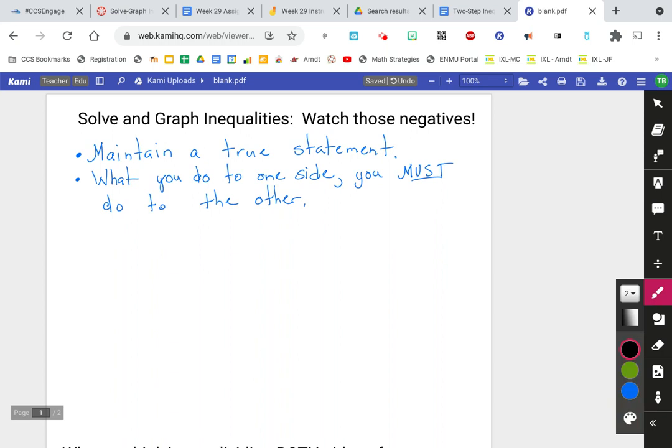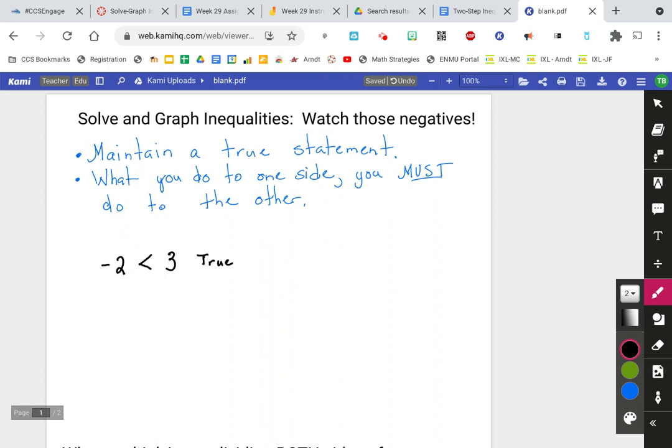And I'm just going to write one inequality because I think we can all agree that -2 is less than 3. Notice that is a true statement.